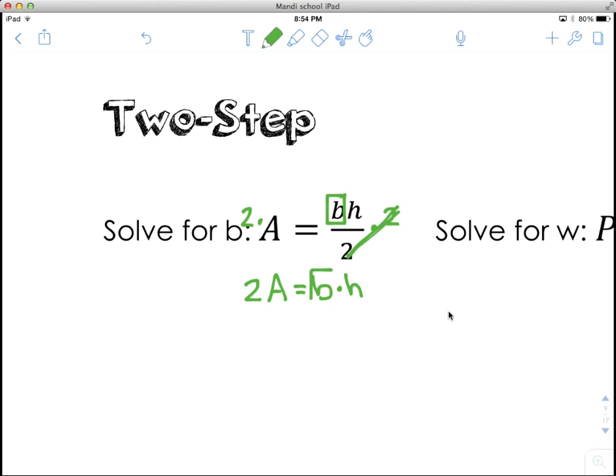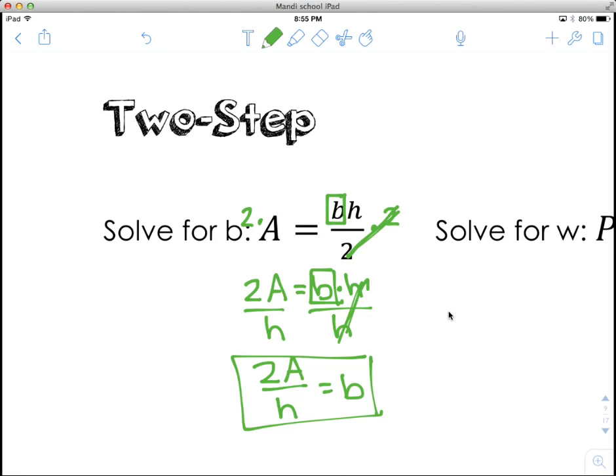So we're solving for b. So that was step 1. Now step 2, it's b times h, so divide by h. That becomes invisible 1. 2a over h equals b. That was step 2.